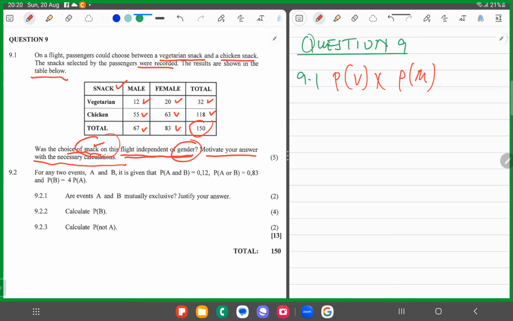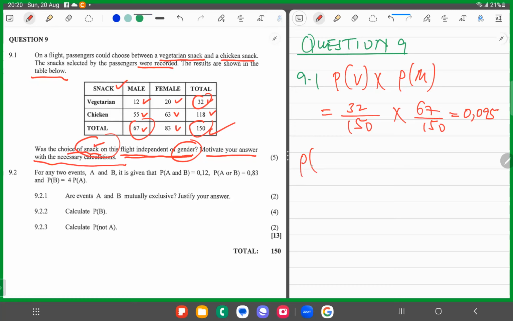So suppose somebody chooses vegetarian and is male. Vegetarian is 32 out of the total 150, multiplied by the probability of male, 67 out of the total 150, and therefore it's 0.095.